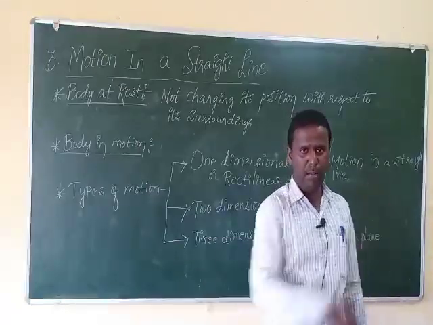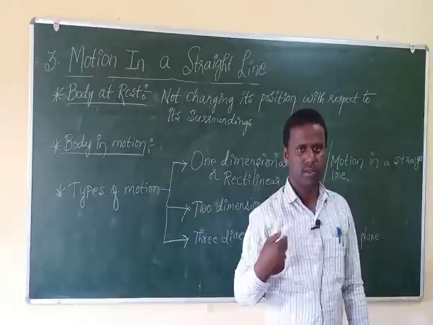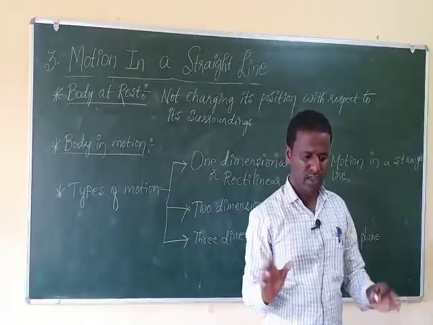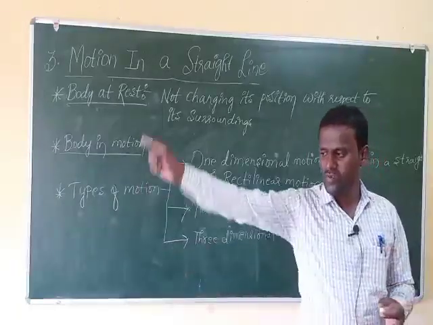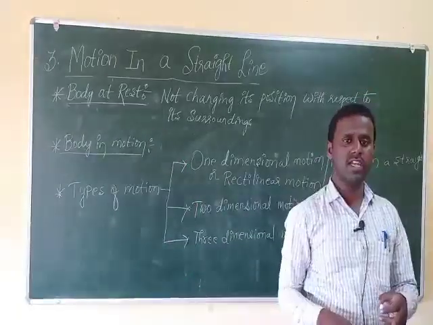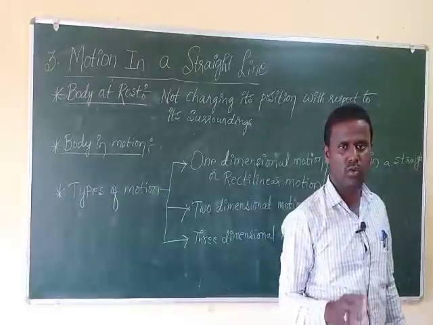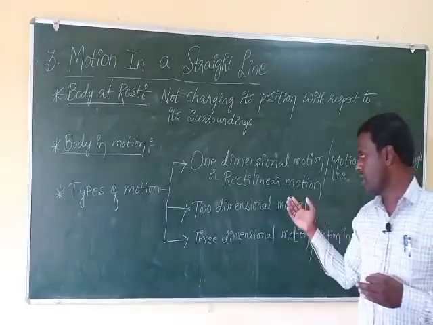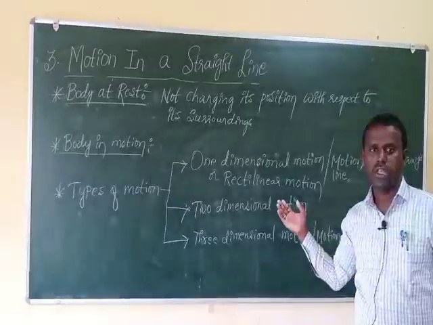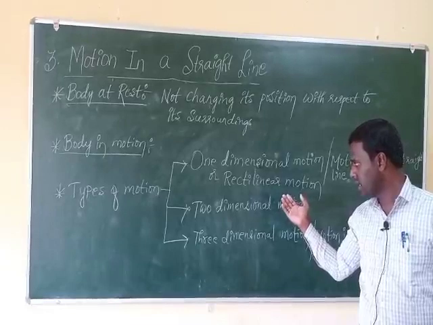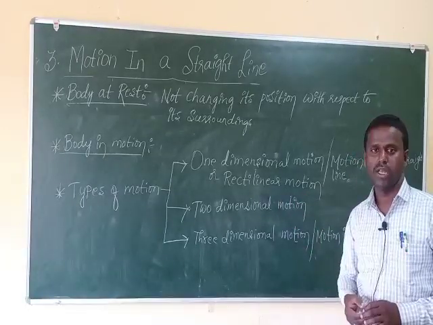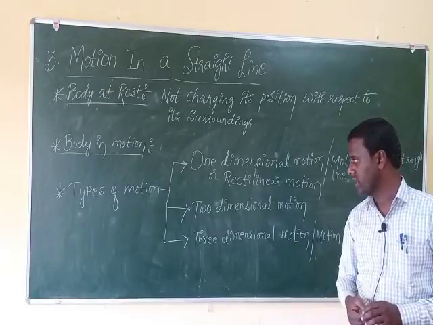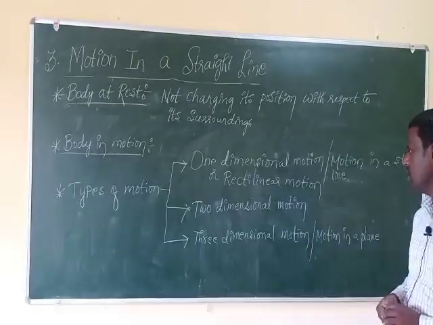The x-axis is one direction, the y-axis is another direction, the z-axis is another direction. So in three directions we can explain the motion of a body. If the body is following two directions in its motion, then it is called two-dimensional motion. For example, movement of the boat.